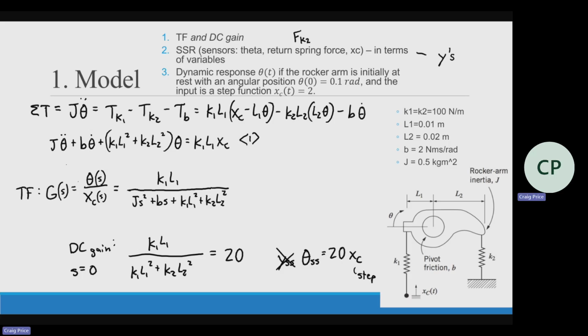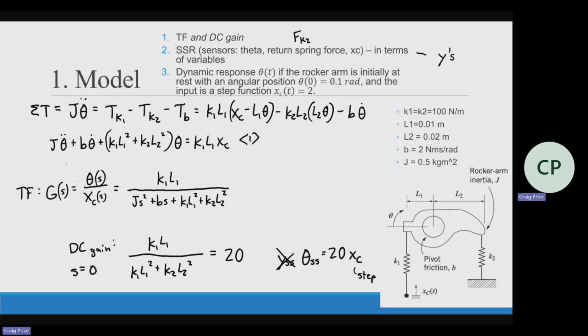All right, stage 2 is complete. That was a little bit easier. I want you to start working on the SSR if you haven't. Transfer function, we just do output over input. It looks something like this. If I want to find the DC gain, that's where all the S's equals 0. There's no more derivatives, there's no more change. This is our multiplier. If I plug in these numbers, I should get 20, which means that theta steady state is going to be equal to 20 times whatever that step input is.